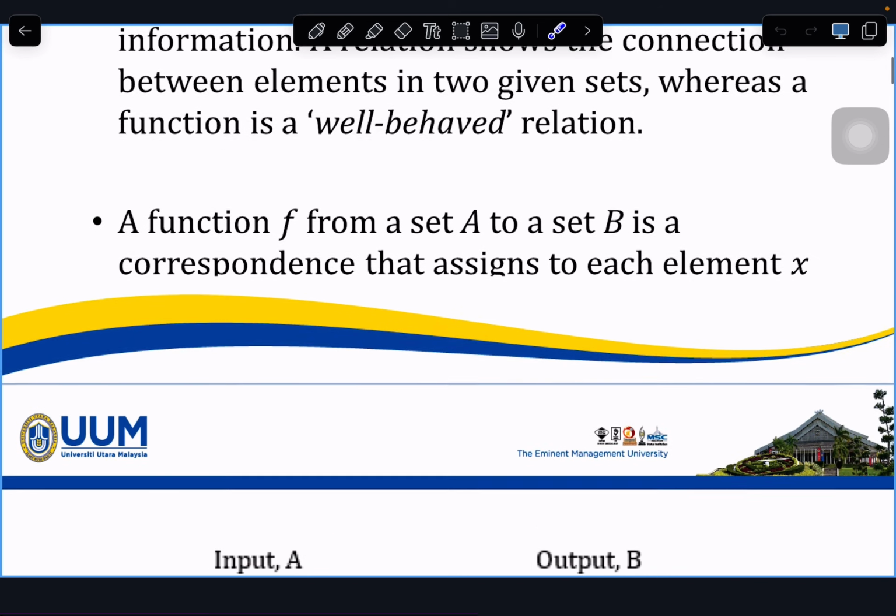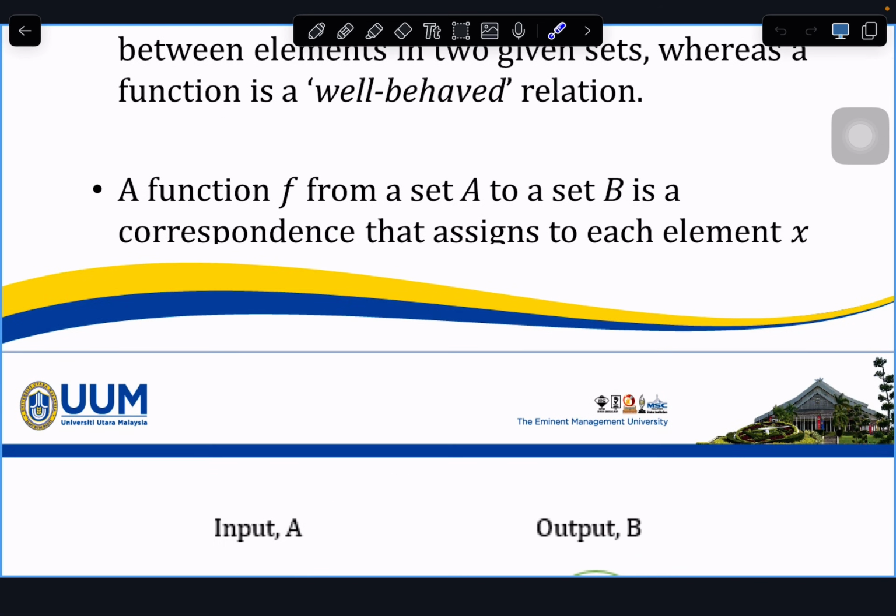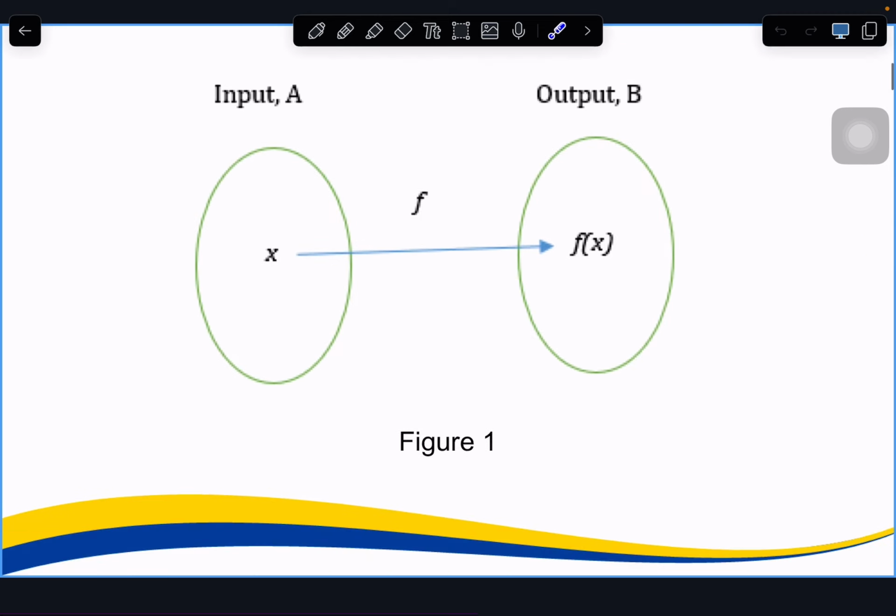Okay. The definition of a function is: a function from a set A to a set B is a correspondence that assigns to each element of A exactly one element of B. So we have examples here, like a figure. What do you see here?